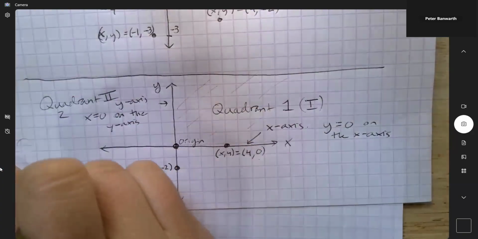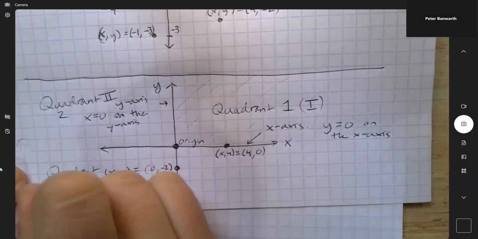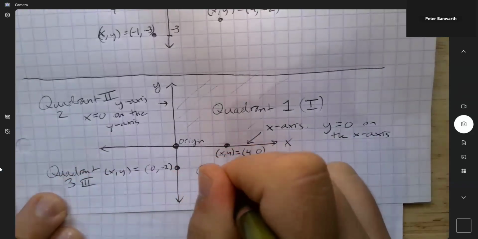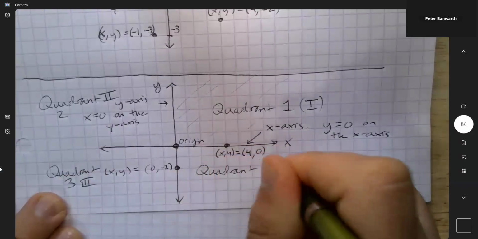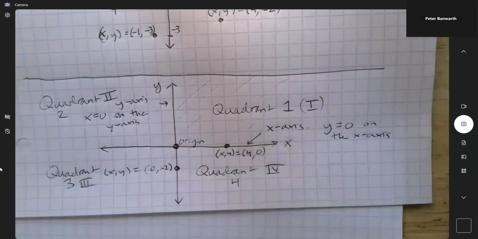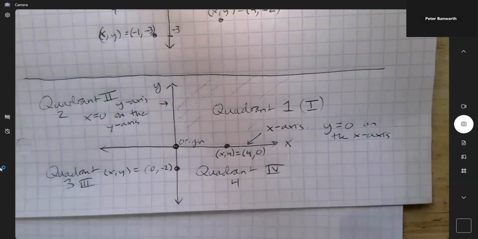The lower left is quadrant 3, or three I's. And the lower right is quadrant 4, which in Roman numerals is IV. But if you just want to use our Arabic numerals, the number 4, that's fine too.